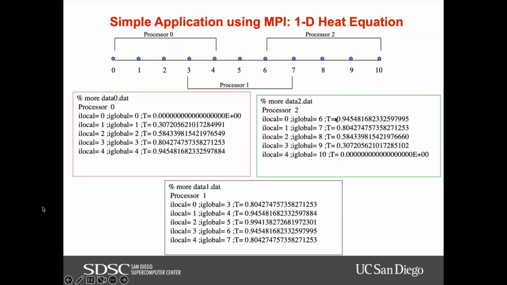You can see that the overlap points are correct, right? The fourth value here, 0.945, matches what you have on the other side, sorry, here on this side on processor 1. And then the third is also matching the third here and so on. So that's what I would expect.